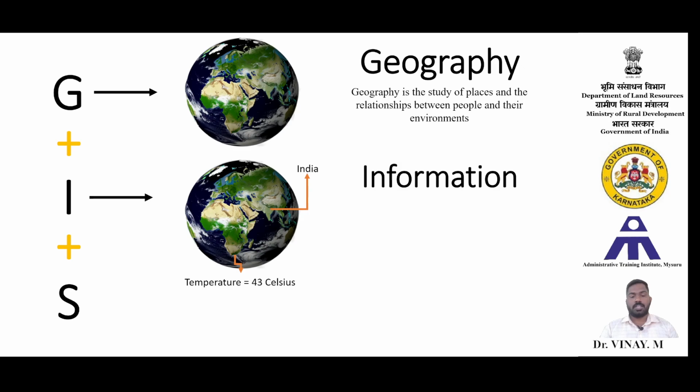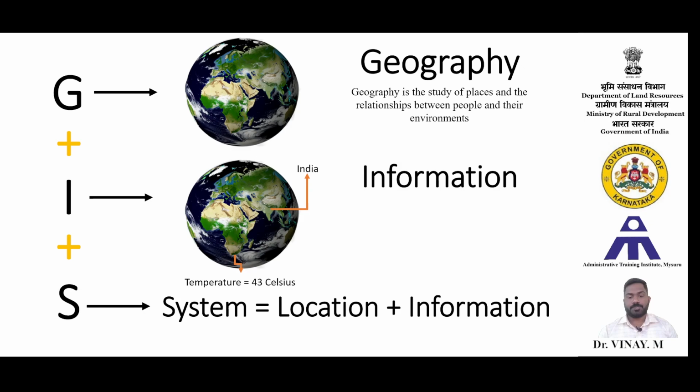If you look into another example, in the South African region, I want to study the temperature of a particular location. The location in South Africa is nothing but the geography, and whatever information we gather at that location is nothing but the information. So we have a location and we have attributes.